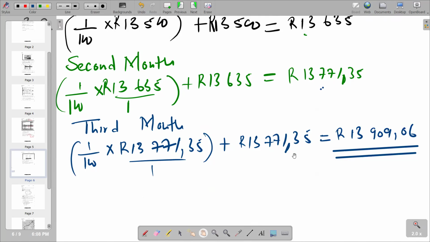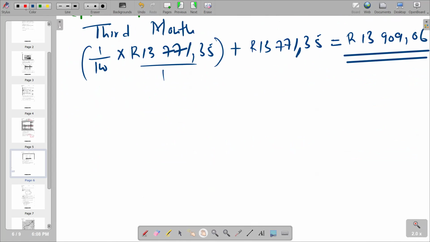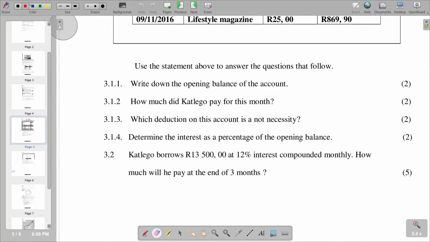So we've got another option that we can use to calculate. On the other option, instead of calculating 1% every month, we can just take note that the percentage before the interest, this 13,500, is 100%.